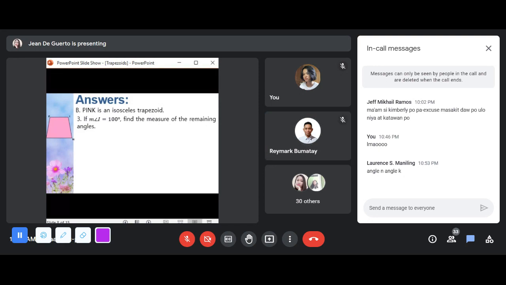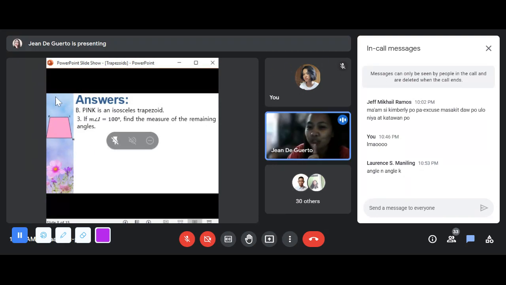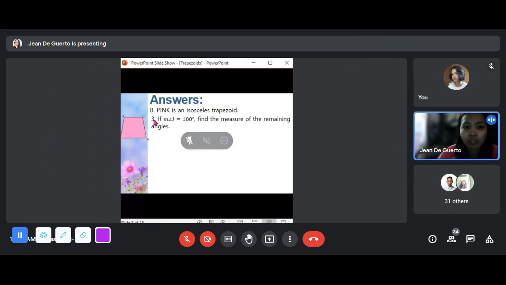Okay, so that is the first solution. Oh, correct. You add these two, angle P and angle I, so like what he did, 200, then subtract it from 360, because the sum of the four angles should be 360. So 360 minus 200, you have 160.